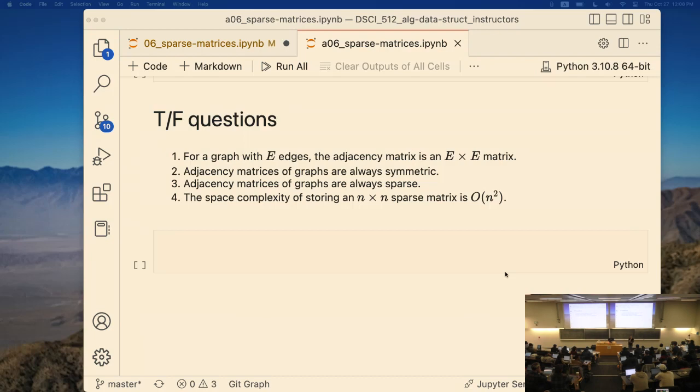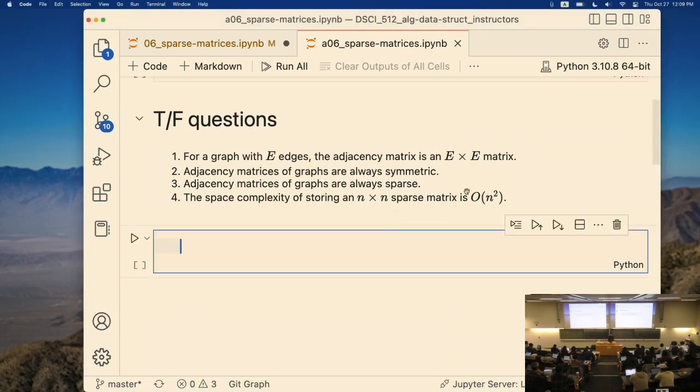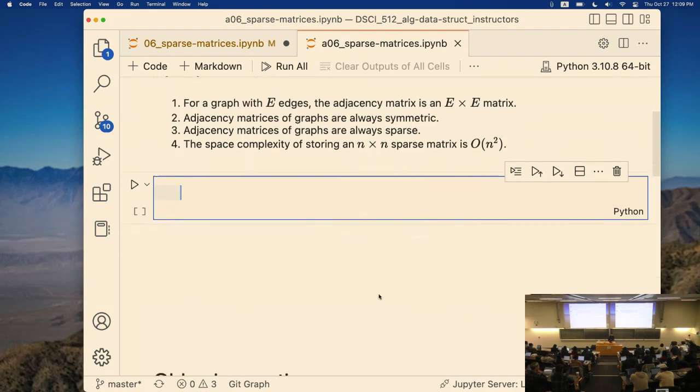Not, at least in the context of this course, because that's the whole point of using the sparse matrix. It contradicts its name if it's full of values. Okay, let's move on.